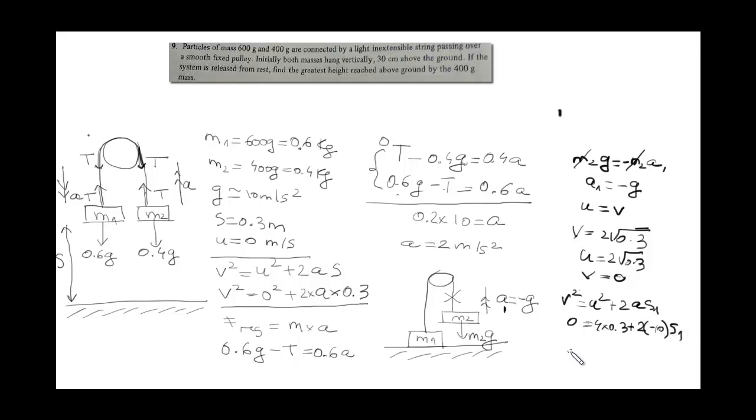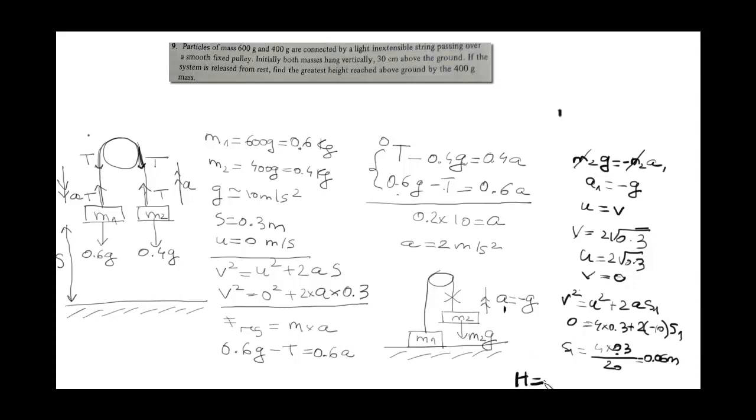And when we make s1 the subject of the formula, s1 will be equal to 4 times 0.3 over 20. That is 0.06 meters.